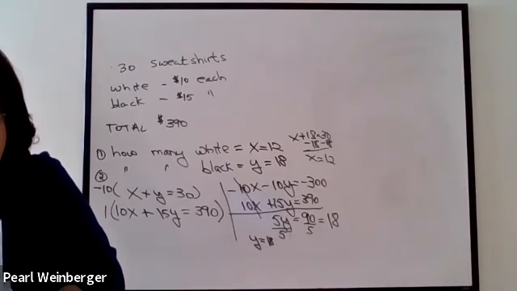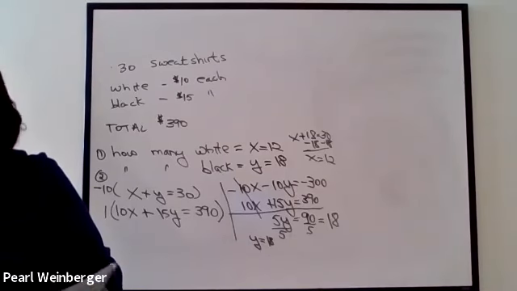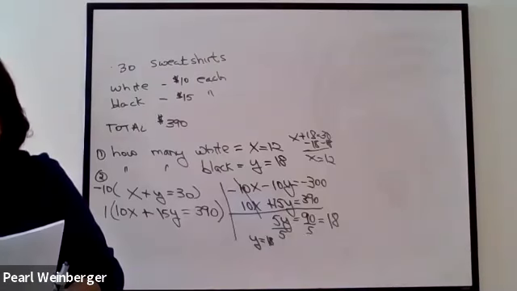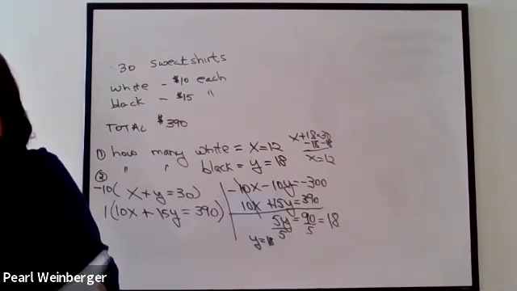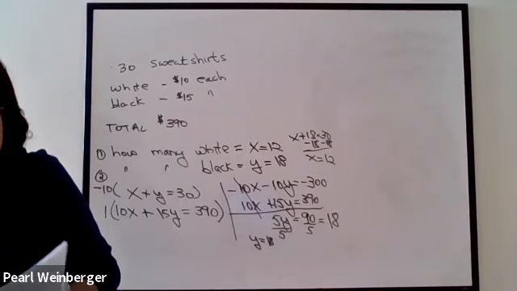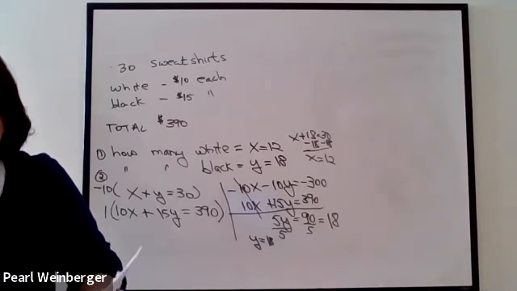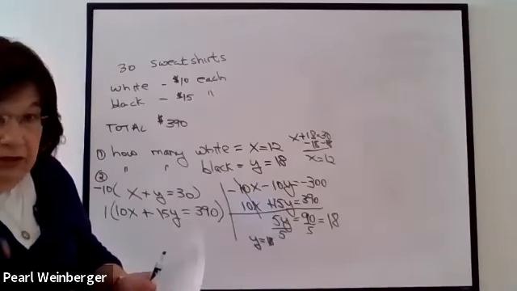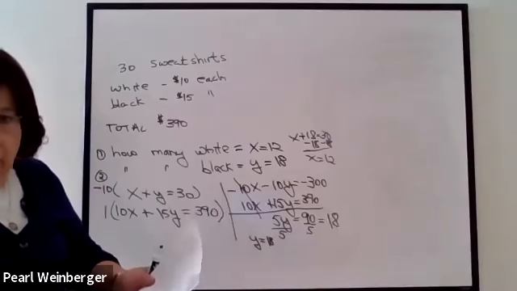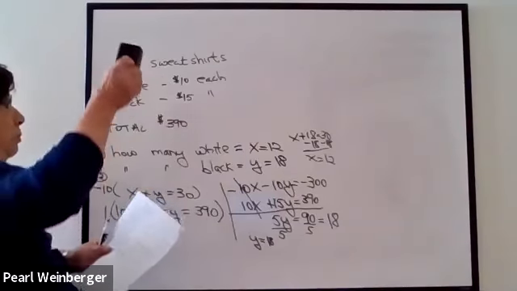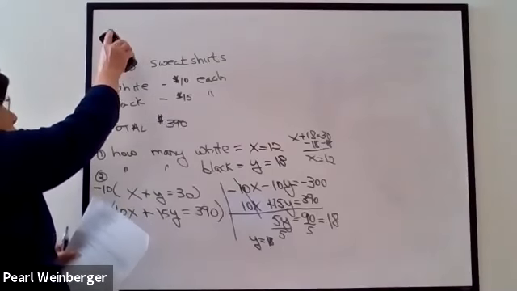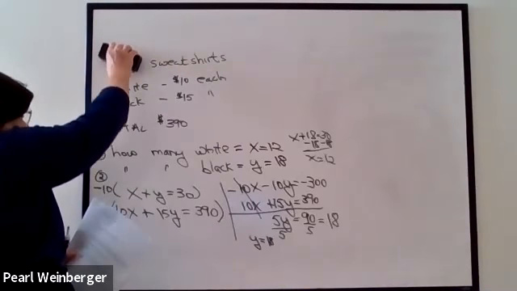Somebody is selling tickets to a movie or a theater or to a concert, and they're different types of tickets. Some are adults, some are children, and they have different prices. Let's see if we can set up a system of equations for that situation.